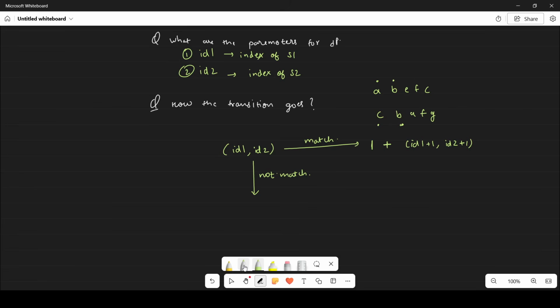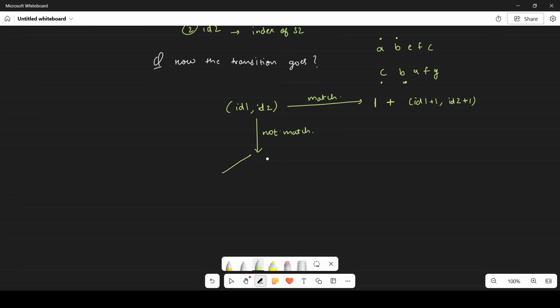When there is no match in the characters, what is the transition? There are two possibilities. Either move id1 or move id2. We have to do this because we want to generate all possible subsequences.